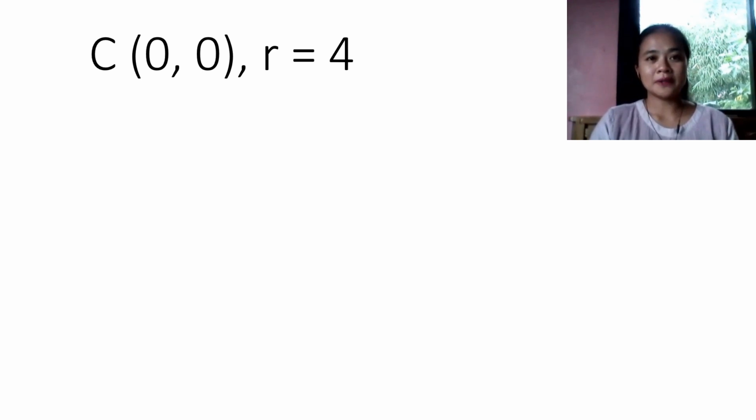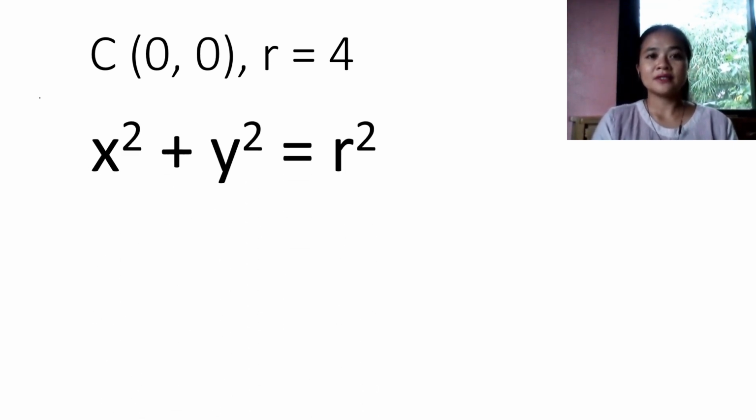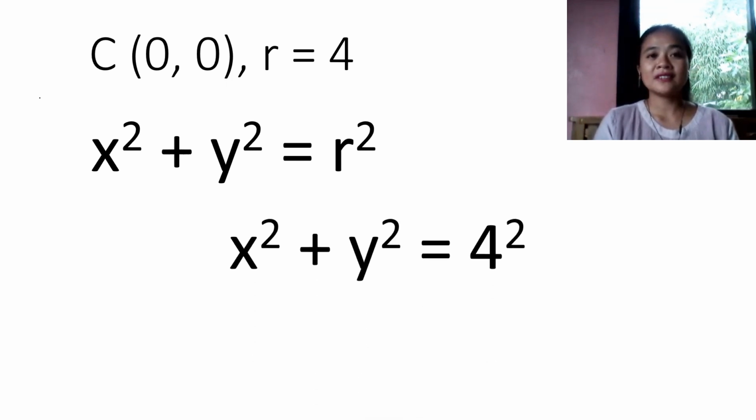Let's have an example. C is (0, 0), which is the center, and r is equal to 4. We're going to write this in the standard equation of a circle. The standard equation is x squared plus y squared is equal to r squared. Since the center is (0, 0), x minus 0 is still x squared.